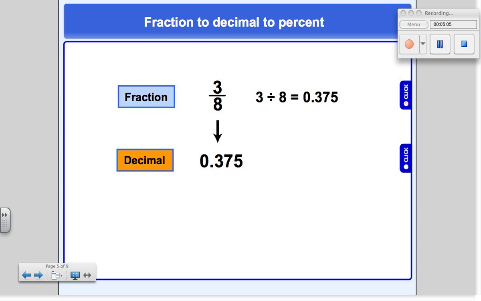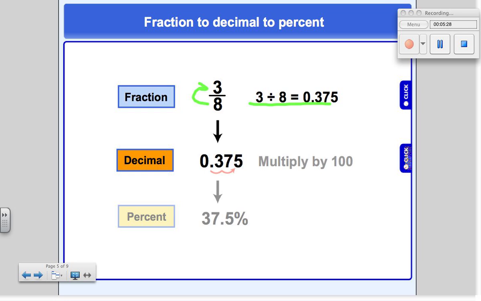So anytime I give you a fraction and you want to make a percent, you first need to change it to a decimal. And you do that by taking your denominator and dividing it into your numerator, as they showed you right here. So it'd be 3 divided by 8. This is a terminating decimal. It ended nice and beautifully at 375 thousandths.